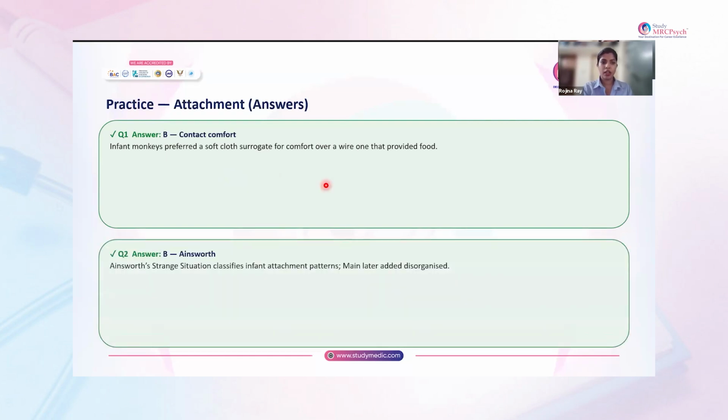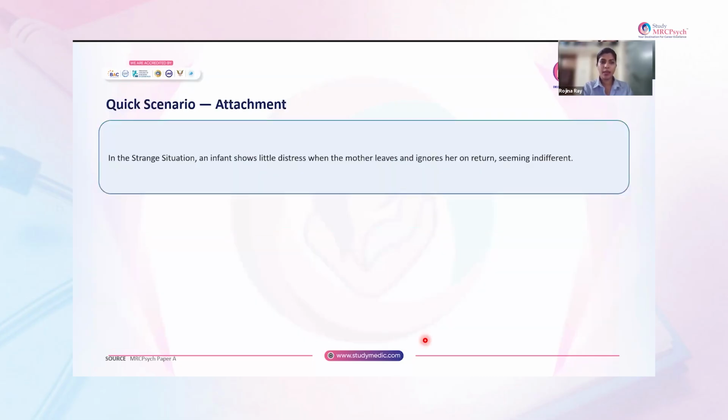Moving on, Ainsworth proposed the strange situation experiment, and Main added the fourth type, that is the disorganized type, as I already discussed. Now, I am giving you all a scenario. In the strange situation, the infant shows little distress when the mother leaves, but when the mother comes back, the infant ignores her, seeming indifferent.